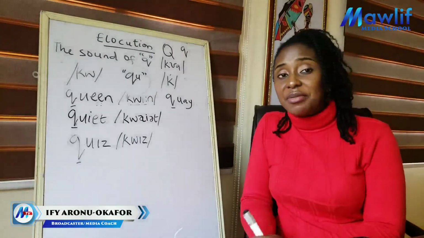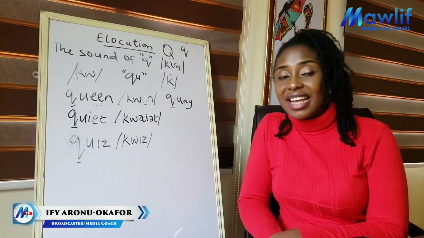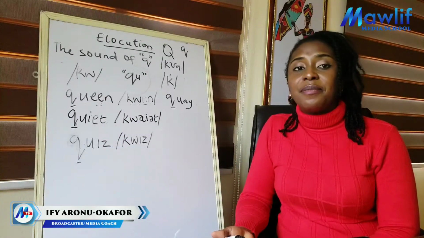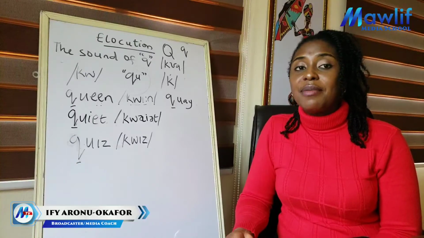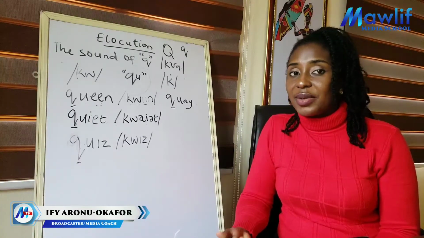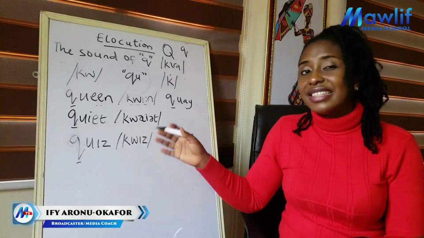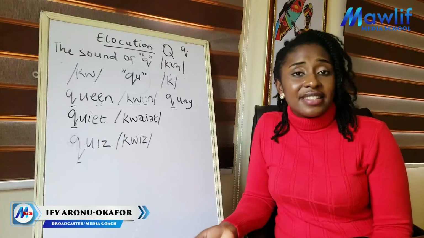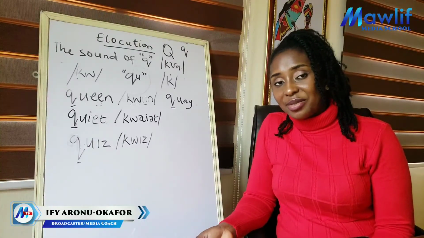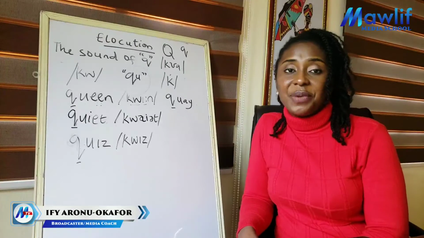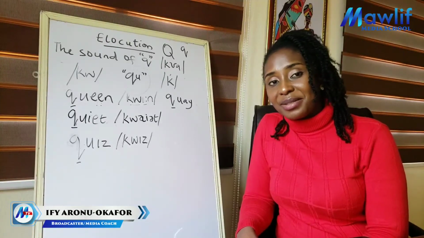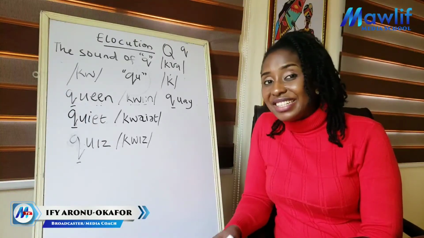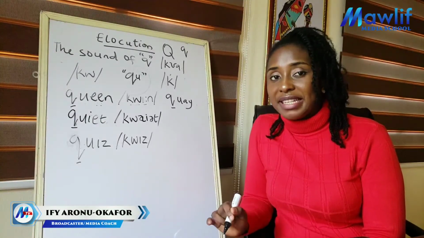But I would prefer and recommend for educators to teach the sound of Q with this, because you have more words that start with Q and pronounce as Q. So it's important for them to rather teach the sound of Q in this sense. And once you can teach children to pronounce these things rightly from the beginning, the rest is history. They'll grow up to change the narrative about the fact that, oh, people think that Q is difficult to pronounce. So we might need to start changing the narrative from now.